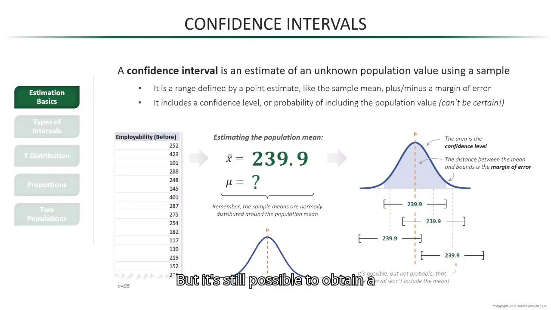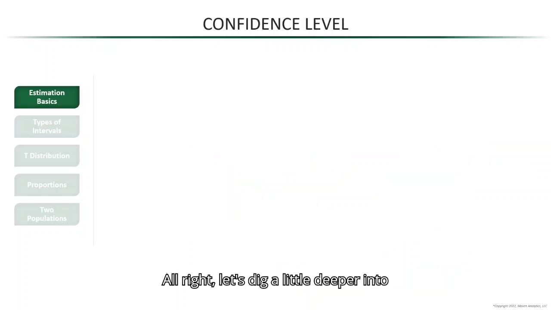But it's still possible to obtain a sample that fits the last scenario and that doesn't include the population mean. It's just not as probable. So that's what a confidence interval is in a nutshell, but I'll go into further details on the components in the next lectures.